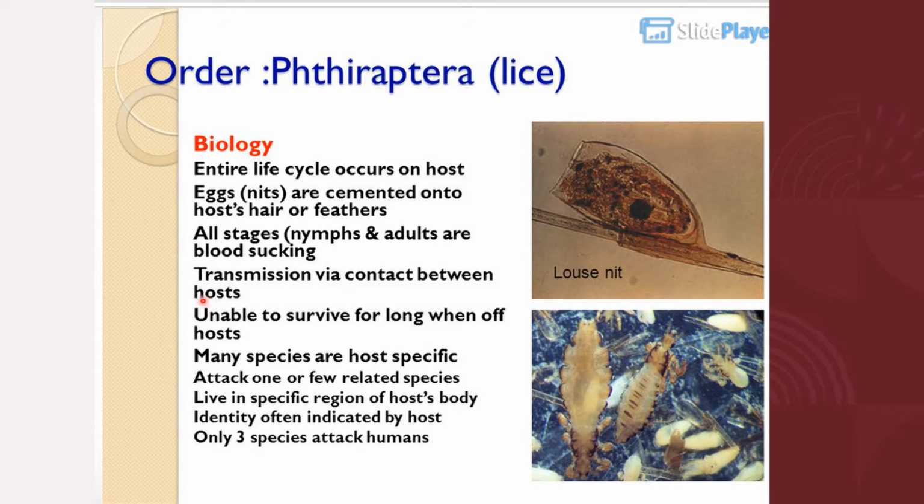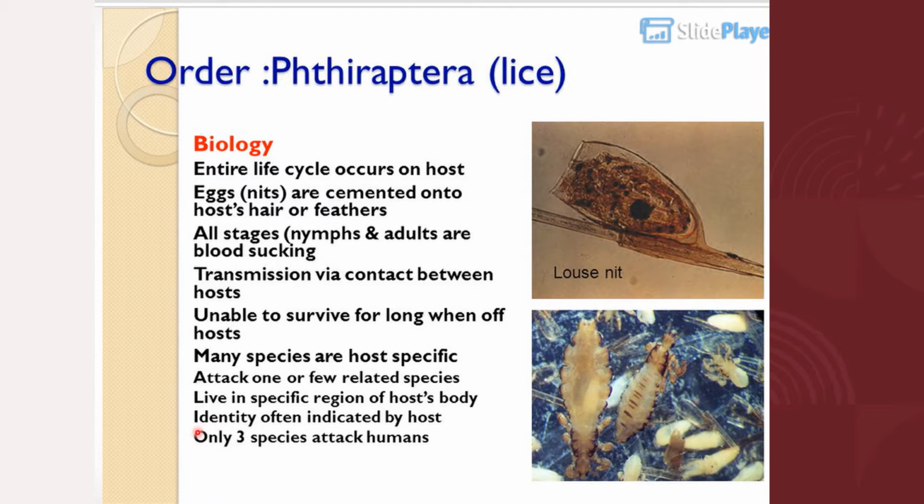Transmission is via contact between hosts, and they are unable to survive for long when they are off the host. They live in specific regions of the host body, and their identity is often indicated by the host because they are highly host specific, meaning that they spend their entire life cycle on the same host.